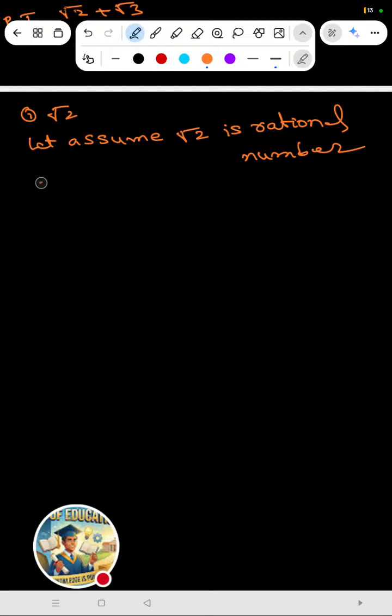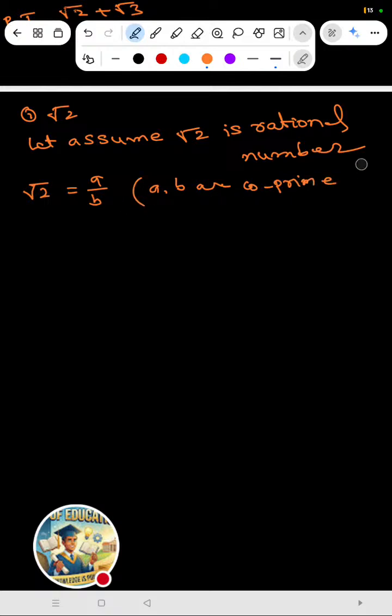A rational number we can write as a by b. Yes or no? So by this we can write root 2 is equal to a by b. Here a, b are co-prime.